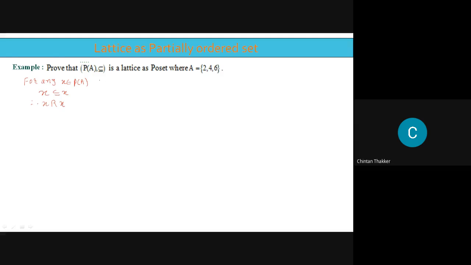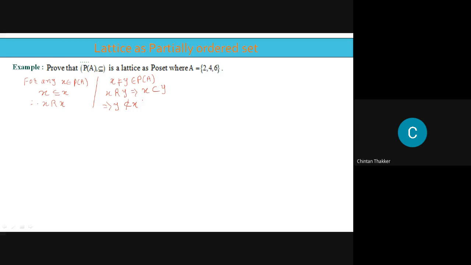Then for x not equal to y belonging to P of A, if x is related to y, that means x is a subset of y, and that means y cannot be a subset of x, because x is not equal to y and x is a subset of y.